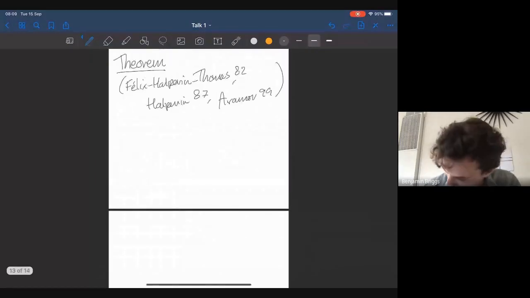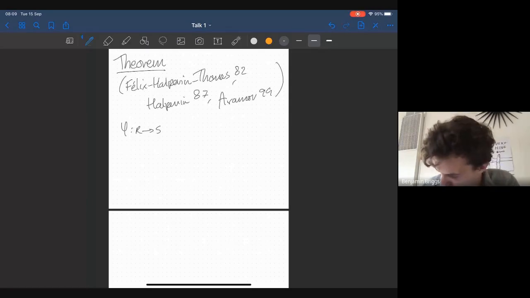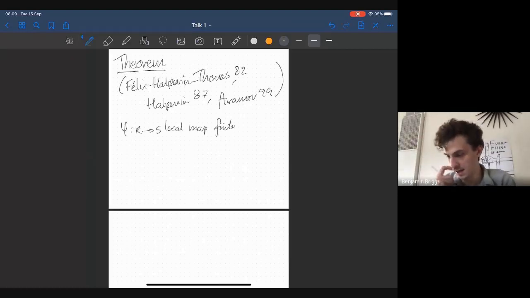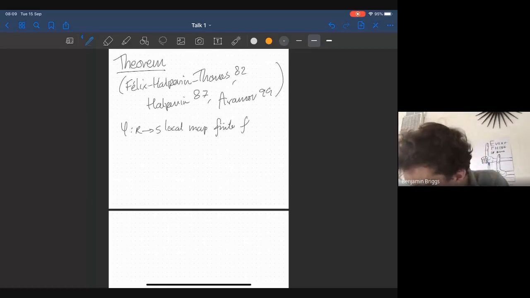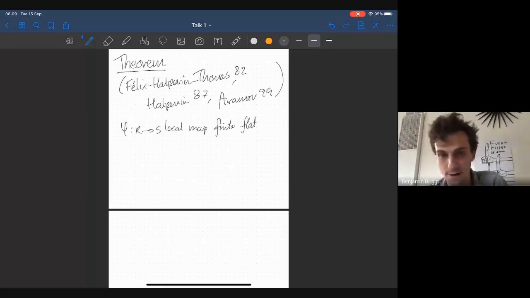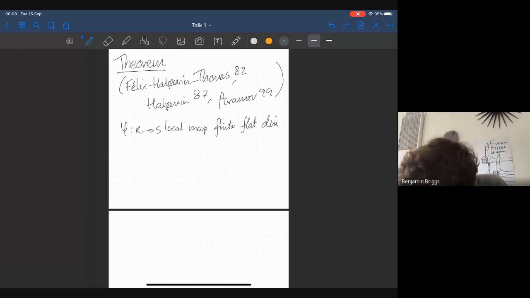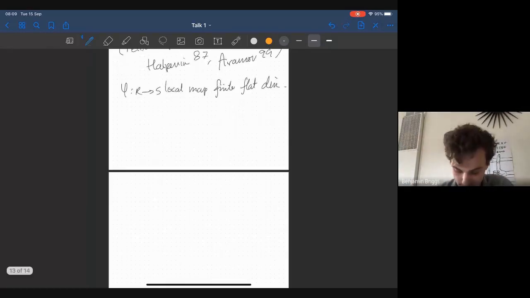So let's say phi is a local map of finite projective dimension, and I want to state this in a slightly more general form than I've been doing before. So I'll actually say finite flat dimension, because you don't need to assume it's surjective for this part. That means essentially the same thing.